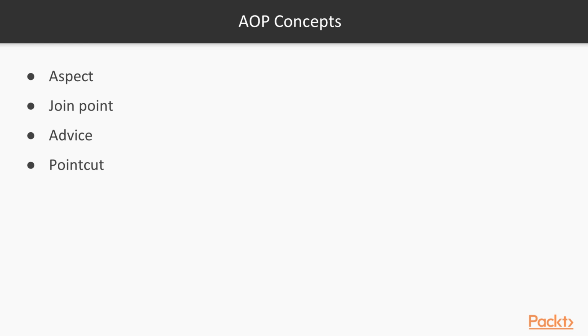Advice usually is associated with a pointcut expression and runs at any join point matched by the pointcut. The concept of join points as matched by pointcut expressions is central to AOP, and Spring uses the AspectJ pointcut expression language by default.